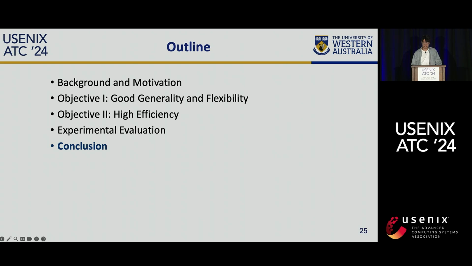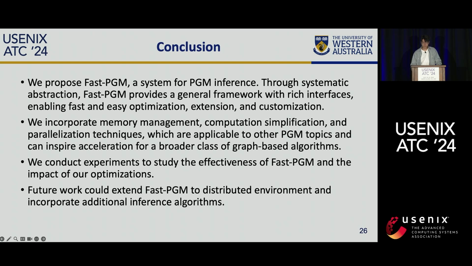Finally, I will conclude the paper. First, we propose FastPGM, a system for PGM inference. Through abstraction, FastPGM provides a general framework with rich interfaces, enabling fast and easy optimization, extension, and customization.